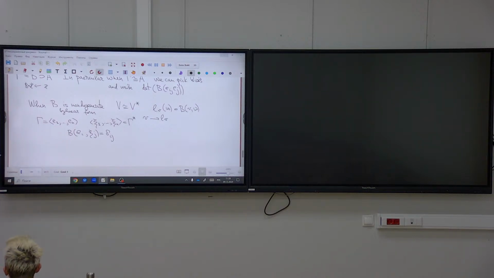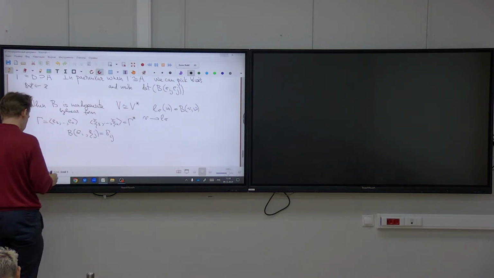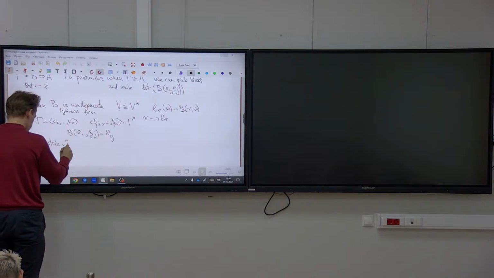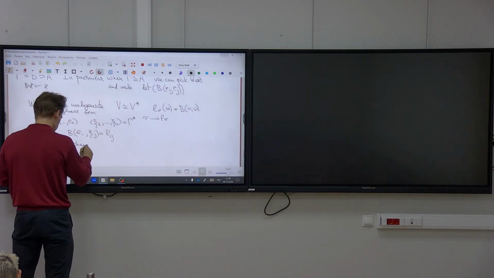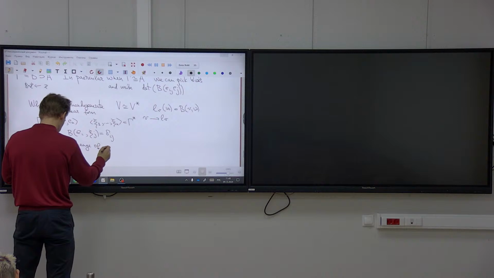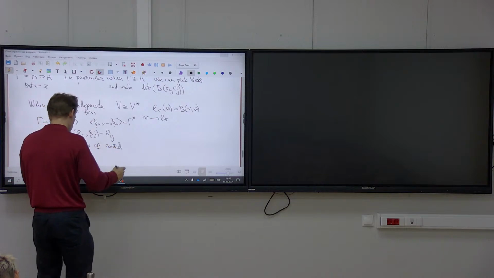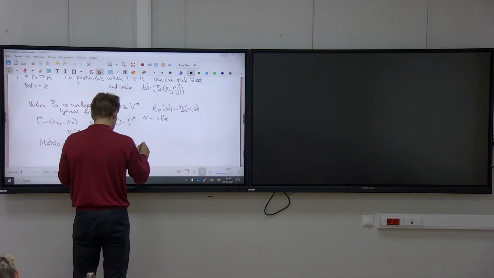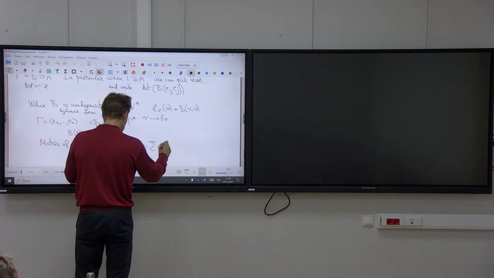So you can introduce the matrix of change of coordinates, where e_i is written as the sum of a_ij psi_j.